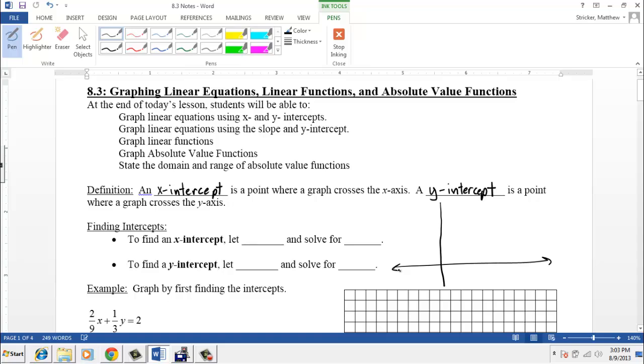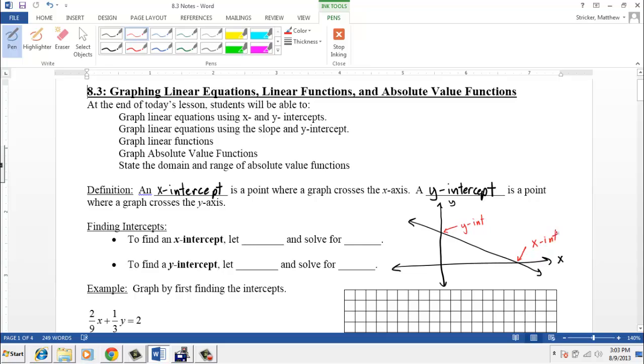If I have a line that crosses this graph, this is my y-axis and my x-axis, and I have a line here, that would mean that this would be the y-intercept, and this point right here would be the x-intercept.